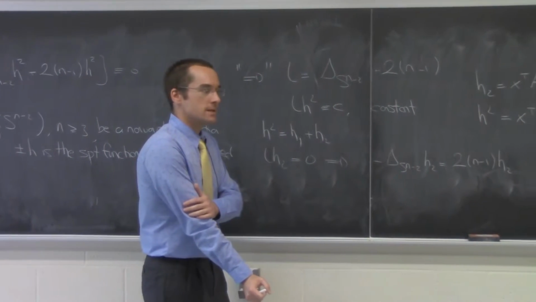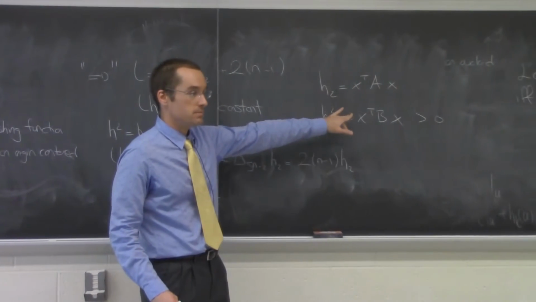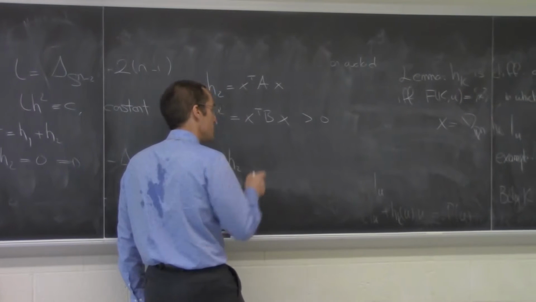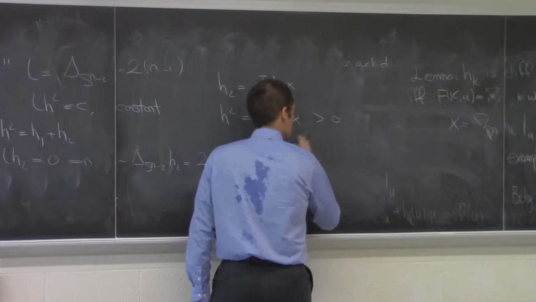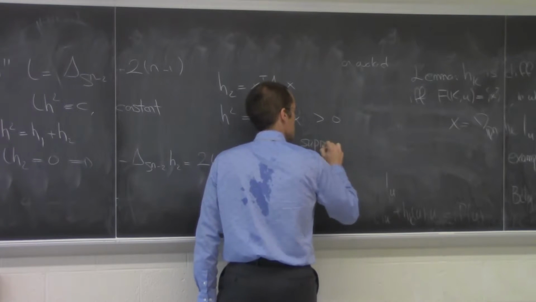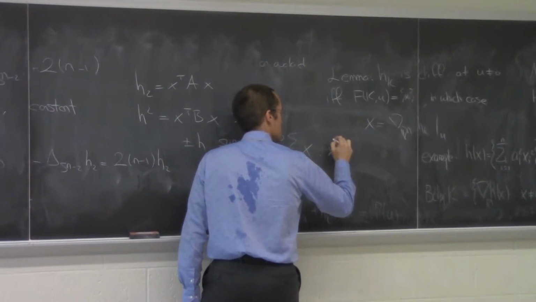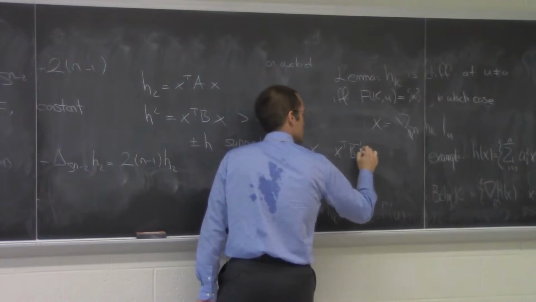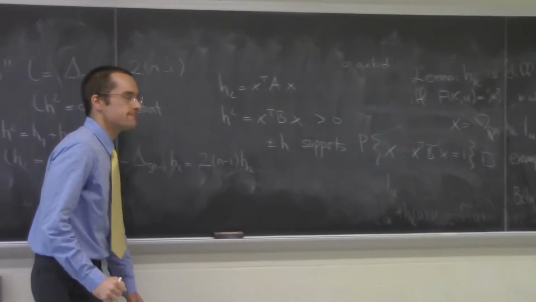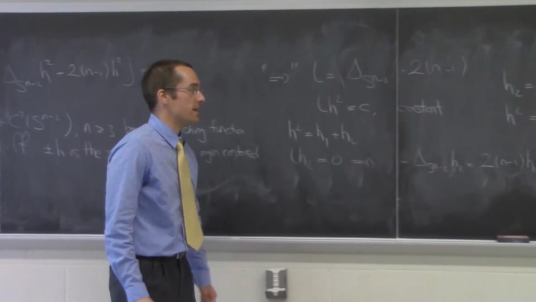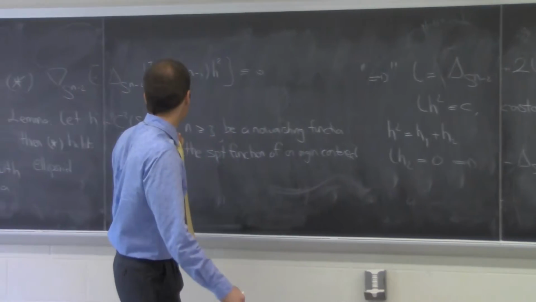So there exists a matrix P that diagonalizes B, and with some computation, you can show that h, plus or minus h, supports the origin-centered ellipsoid.